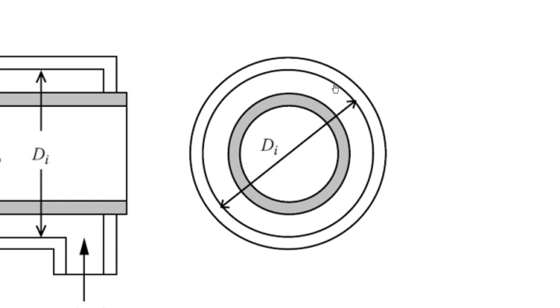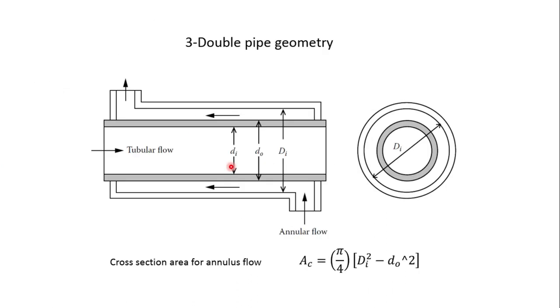So this is D i and this is the small d naught. Taking the difference between these two areas, what is the area? Pi r squared. When you open it and simplify it, you will get the cross-sectional area for the annulus flow, which is A c equals pi over 4 times D i squared minus d naught squared.